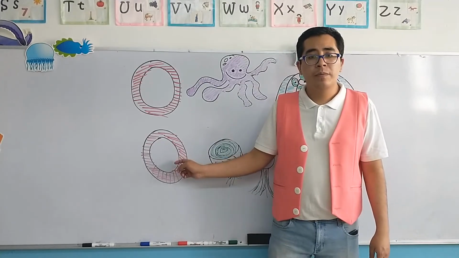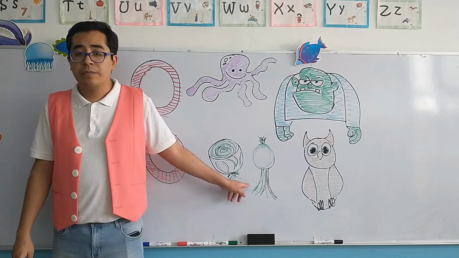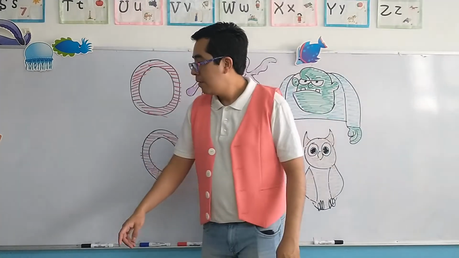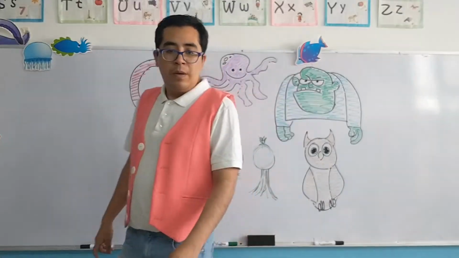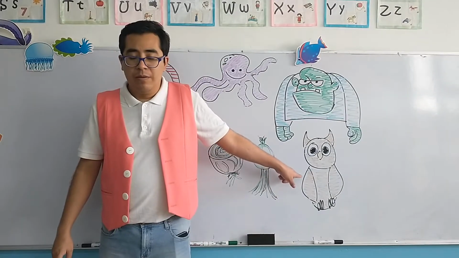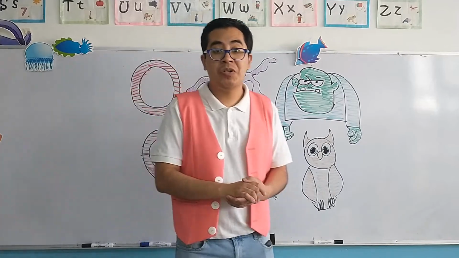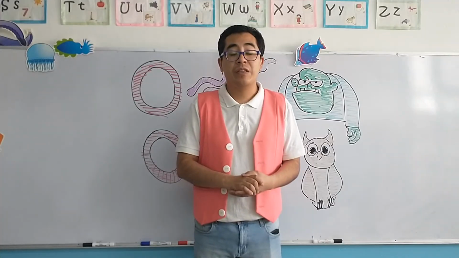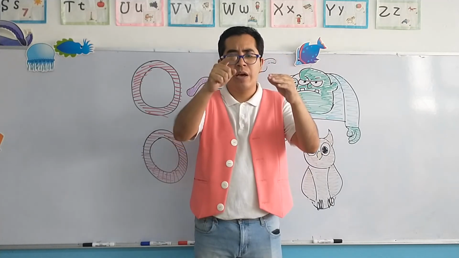Small o, onion. Small o, owl. Very good. Excellent pronunciation, and as always, the teacher Jacob is very happy because you concentrate and you pay attention.